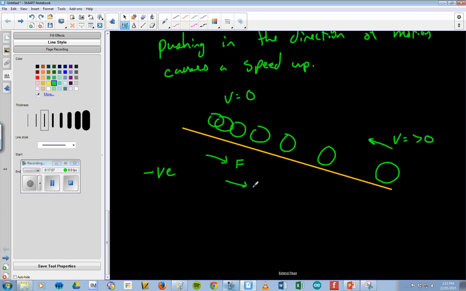The acceleration on the object must also be to the right. So look, negative velocity, positive acceleration means slowing down. So a positive acceleration absolutely can cause an object to slow down.